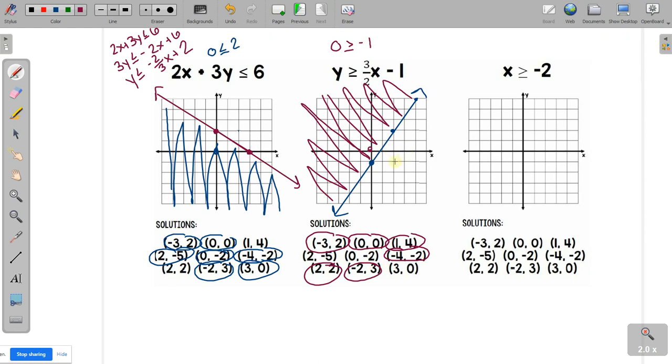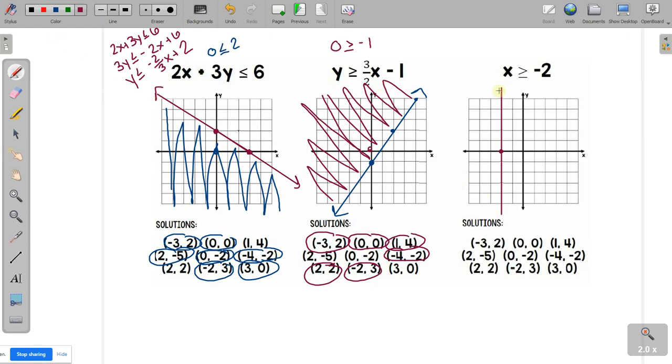The last problem we're going to look at is an x equals equation. So if x equals a number, that's going to be a vertical line at that number. So -2, where x is -2 is right here, and it's going to be this vertical line going straight up and down.